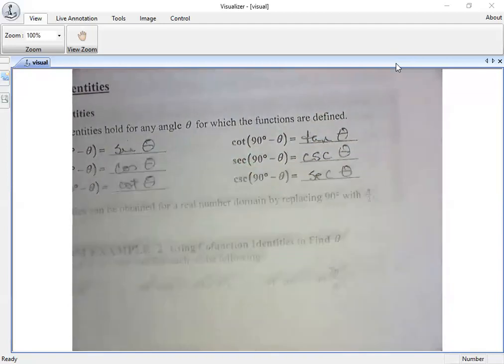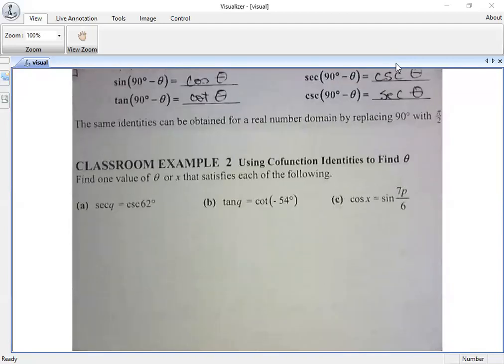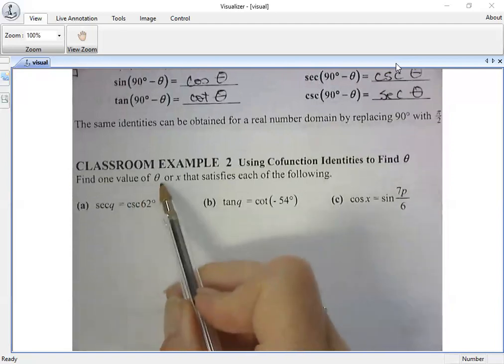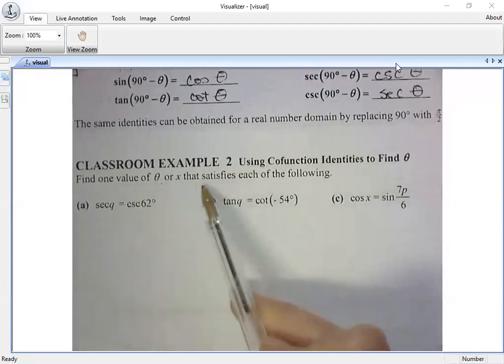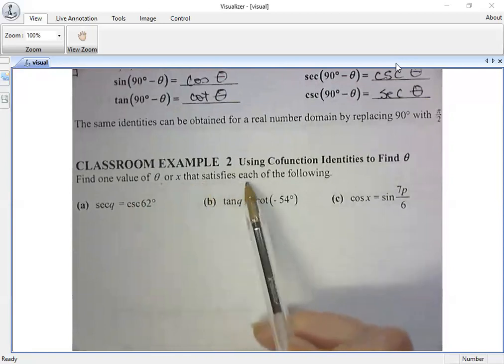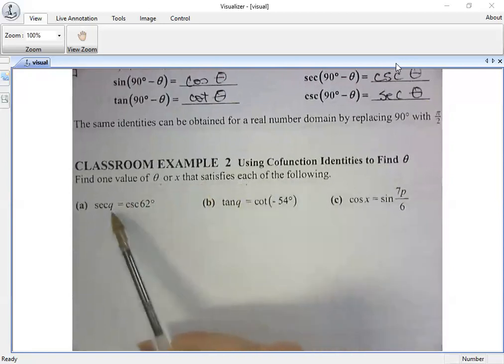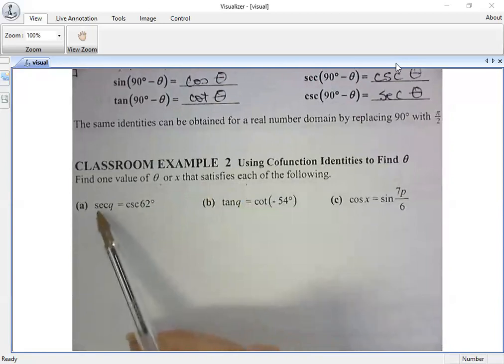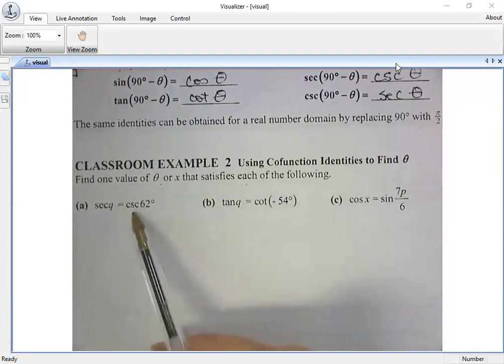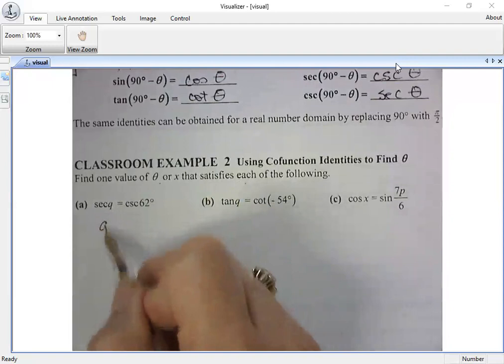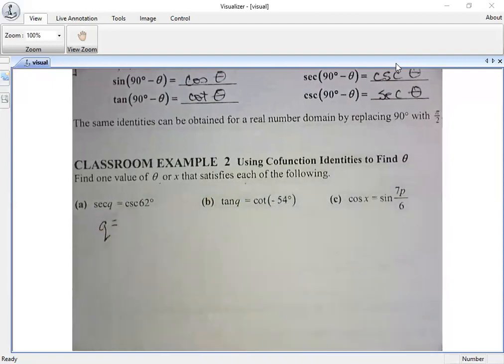All right, so what we want to do is to find a value of theta or x that satisfies each of the following. So we want to know what angle Q would be so that the secant of Q would be equal to the cosecant of 62. How would you find Q? It's just 90 minus 62. All right, do y'all agree?